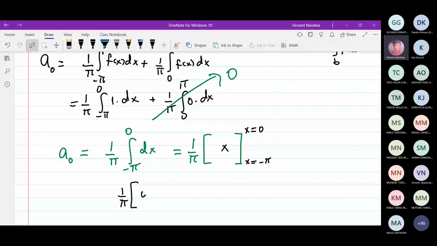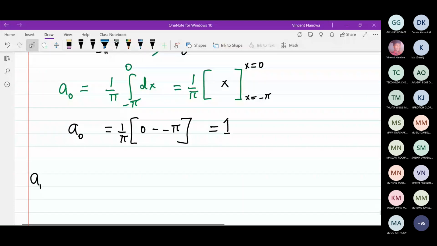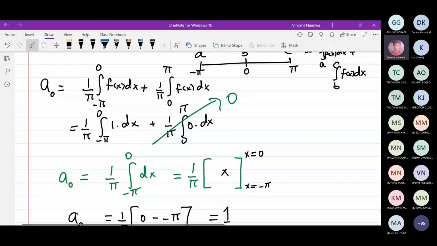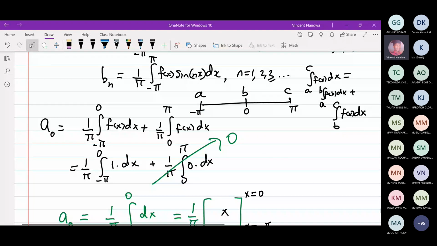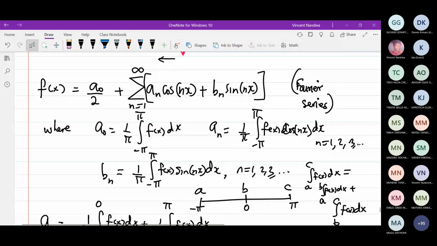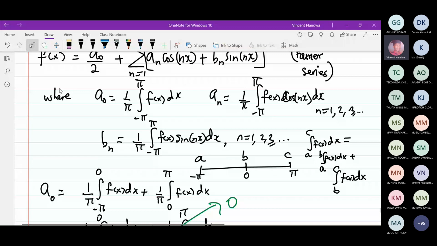So next, an is 1 over pi. Scroll over a bit. Okay. Up to that point. Up to what point? There. Oh, okay. You let me know when to scroll down. You can scroll down.